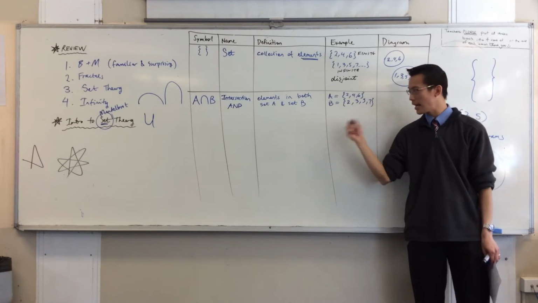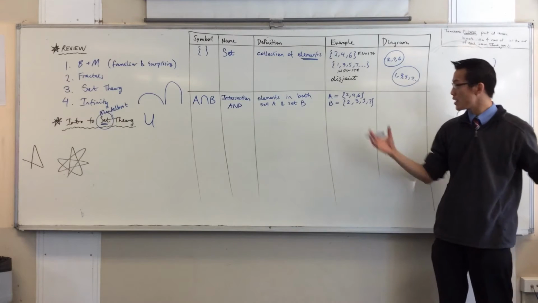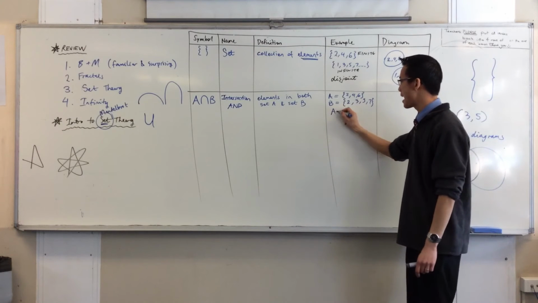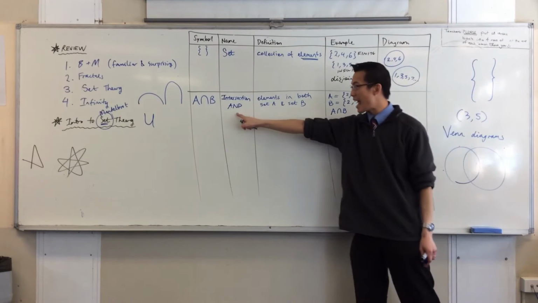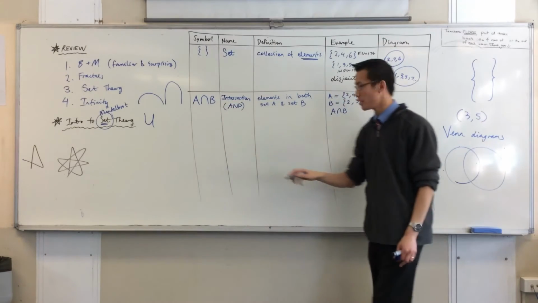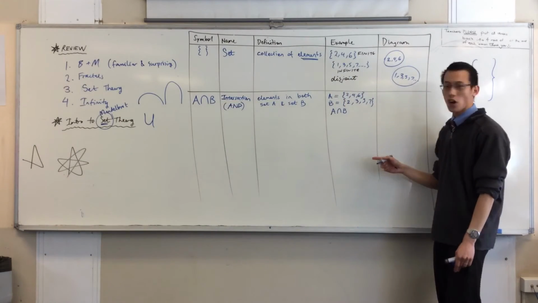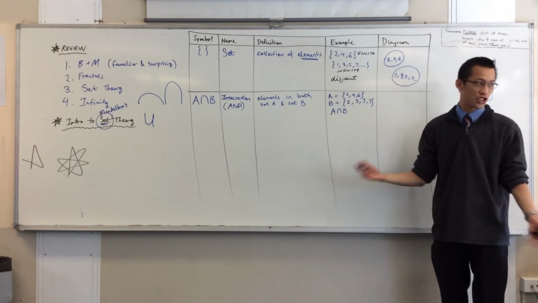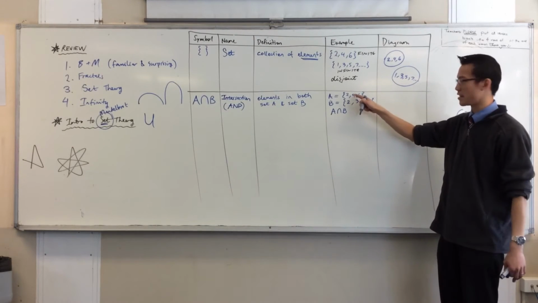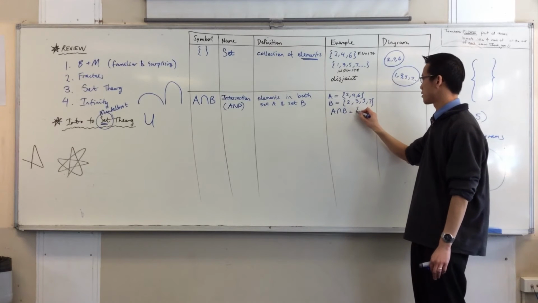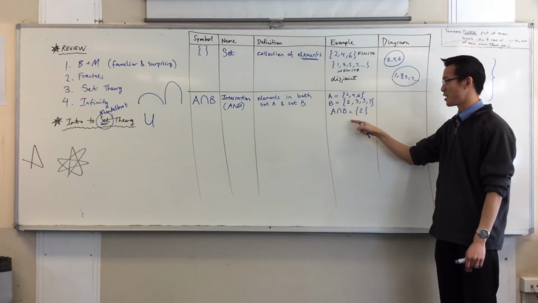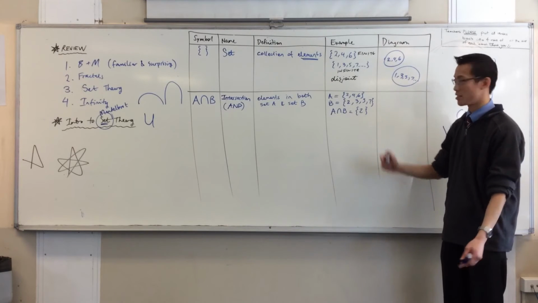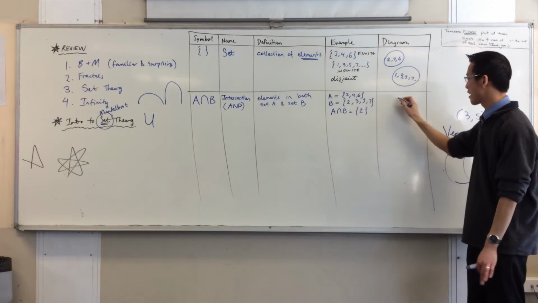So you can see this is a little more interesting. There is an overlap between these. If I said A intersection B, or A and B at the same time, which objects are in there? It's just 2. 2 is the only number that's in both of them. So I would say it like this. The intersection of two sets is also a set, so that's why I've got curly braces around it. Let's draw a quick diagram.